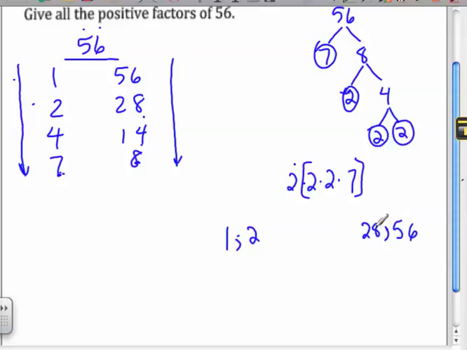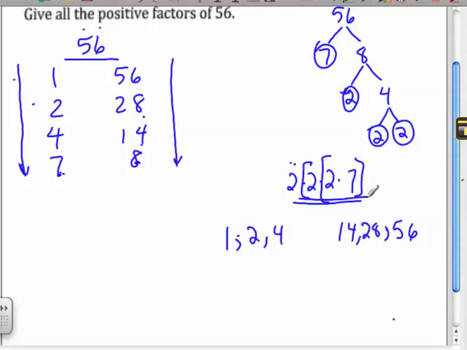Okay, and then 28. Does 3 go into it? No, there's no 3 I can make out down here. Does 4 go into it? Yeah, I can use 2 times 2. So that gives me 4. All right, and 4 times what? Well, 4 times 14. Okay. All right. Does 5 go into it? No, there's no 5 down here. Does 6 go into it? No, there's no 2 and 3 down here to make 6.